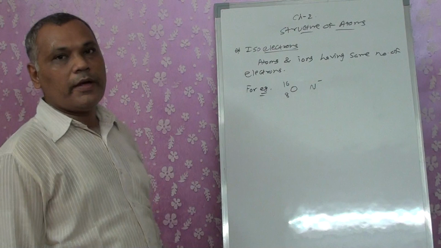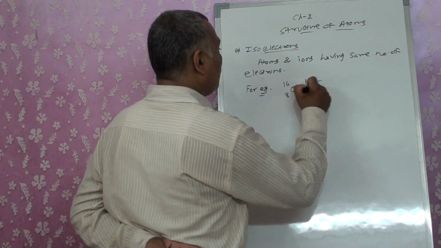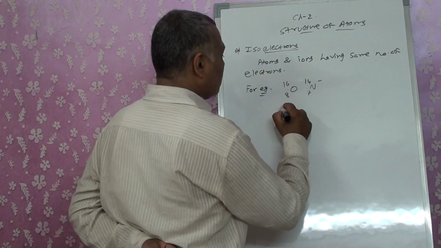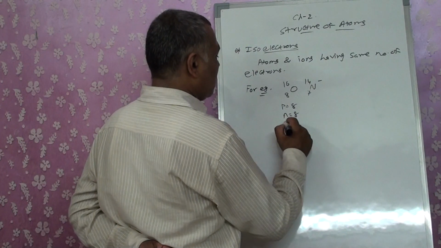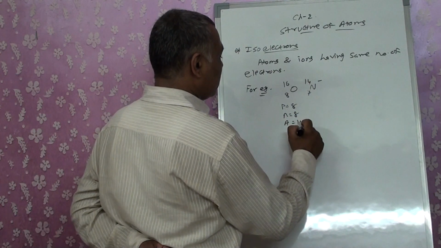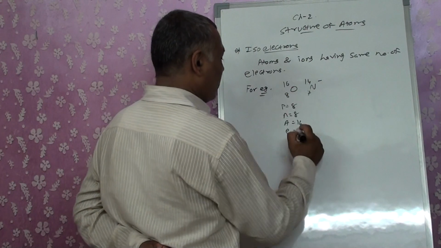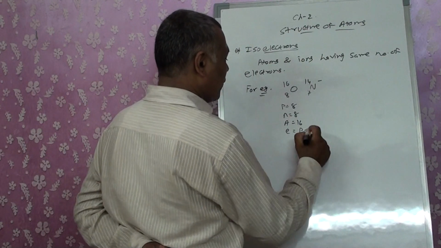The ion we are having is N minus. That means 7, 14. Let's check whether they are having it or not. Protons 8, neutrons 8, atomic mass 16, electrons 8, proton plus, it's a neutral charge, so it will be 0.